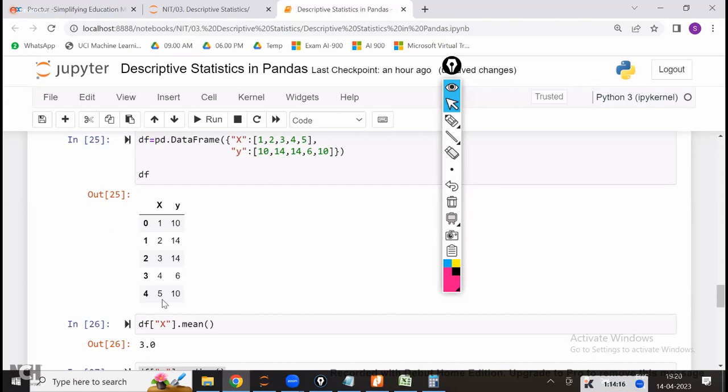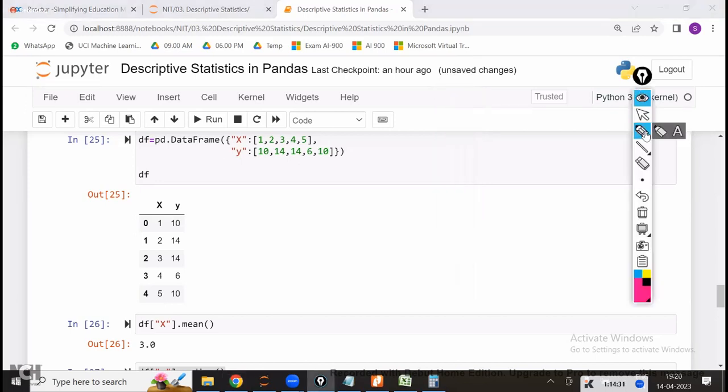Population variance, you are going to get 10 by 5, which is equal to 2. Sample variance, 10 by 4, which is equal to 2.5. Why I have selected 1, 2, 3, 4, 5 is for this reason. Very simple. X bar is going to be 3. 1 minus 3 is minus 2, minus 1, 0, 1, 2.